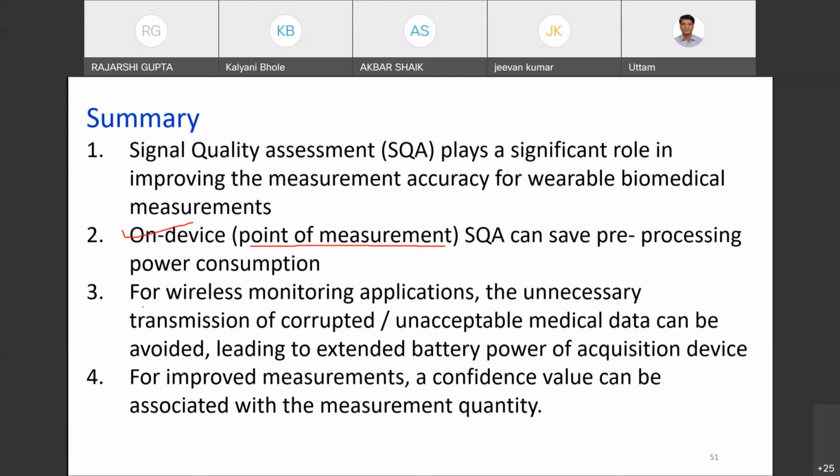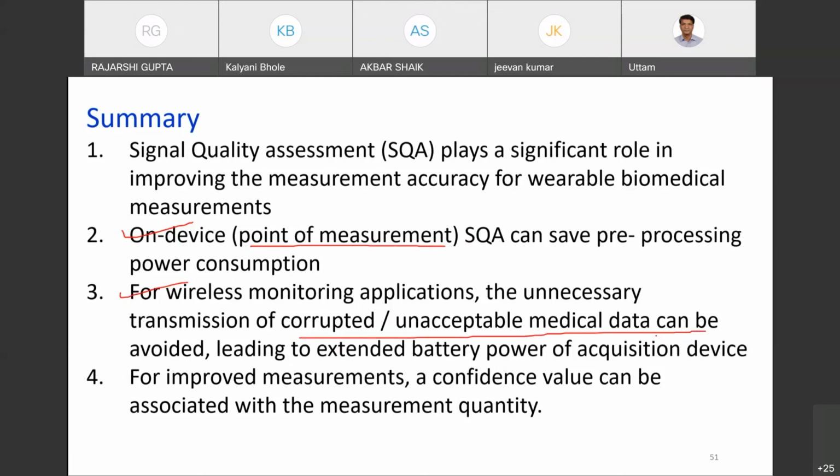Okay, now for wireless monitoring applications, as I have shown in the compression work of ours, the unnecessary transmission of corrupted, unacceptable segments can be avoided.